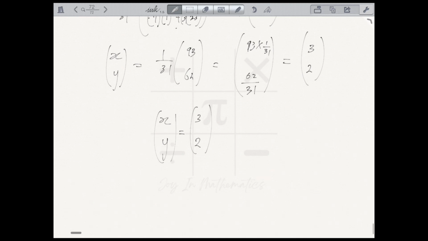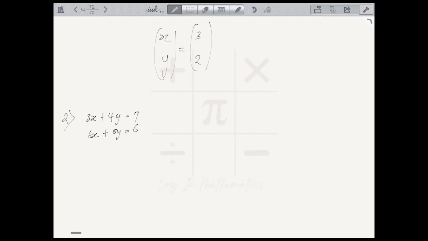Interesting. So let's take one more example on this. We know that the unknown in this case is x and y. The set of coefficients A is 3, 4, 6, and 8.